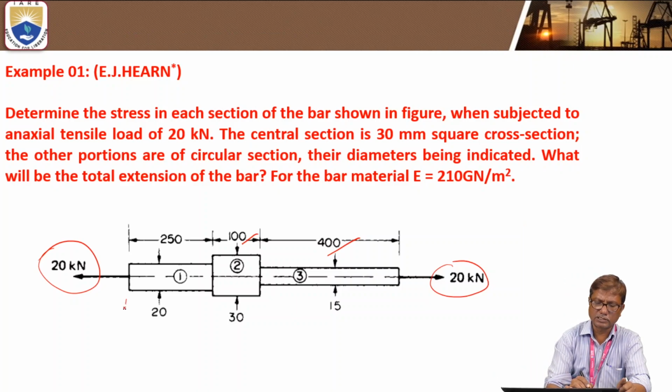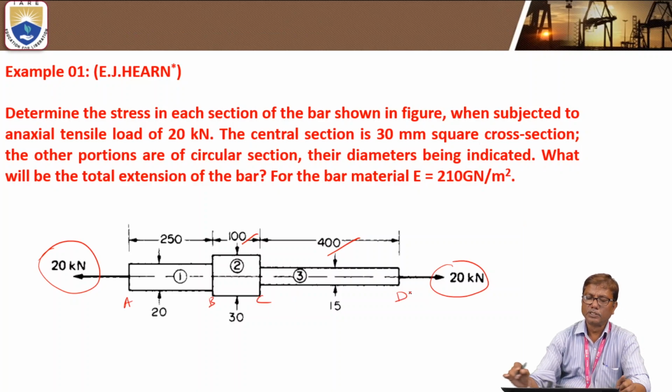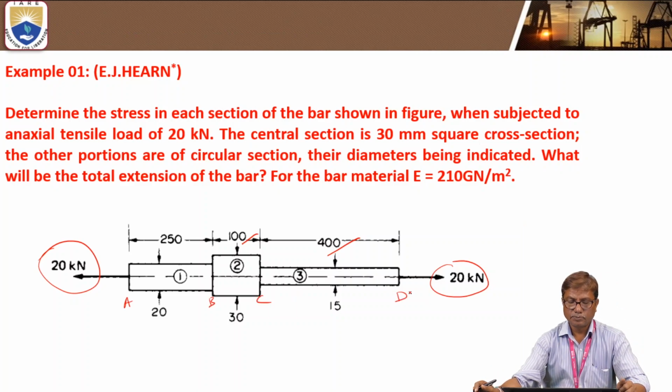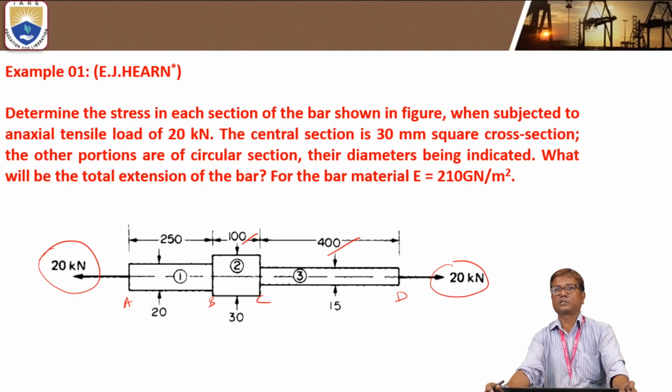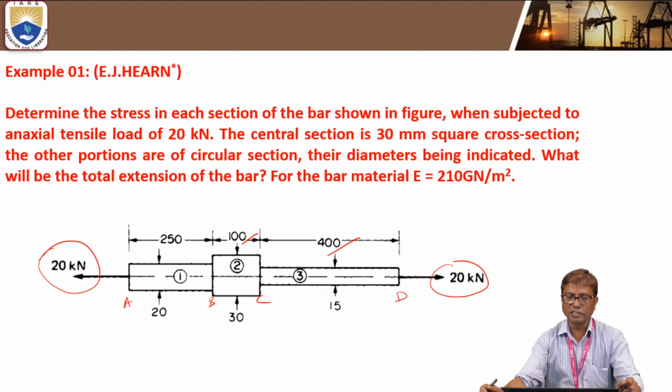So let us name this as A, B, C, D, say. Portion AB, portion BC and portion CD. Here AB and CD are circular and BC is square cross section. So the entire bar is subjected to tension.